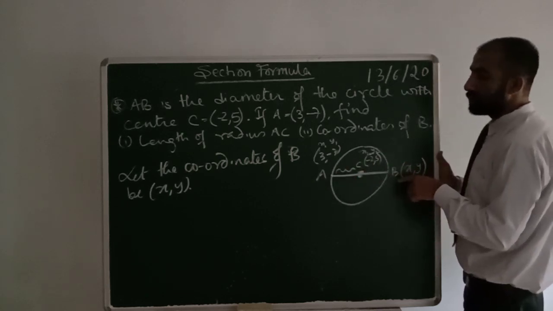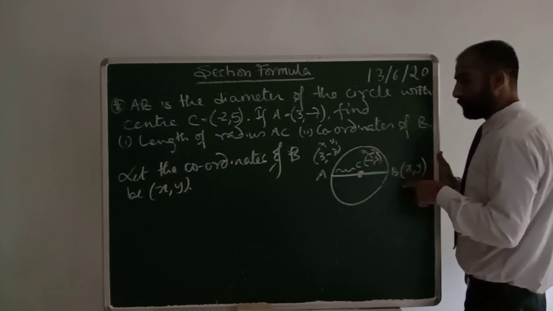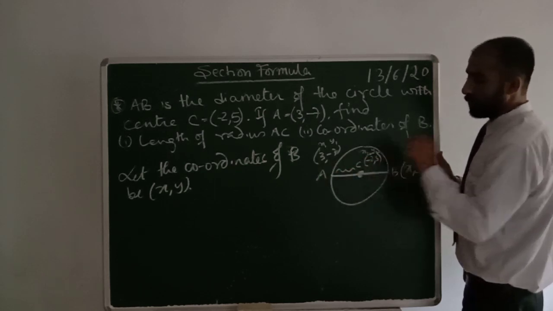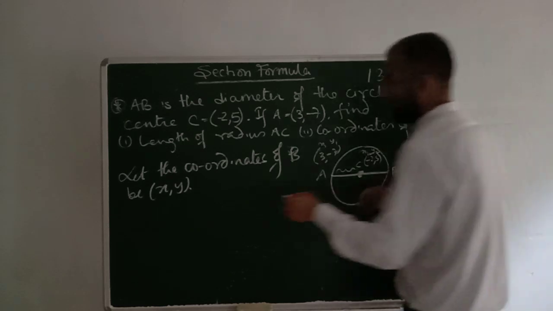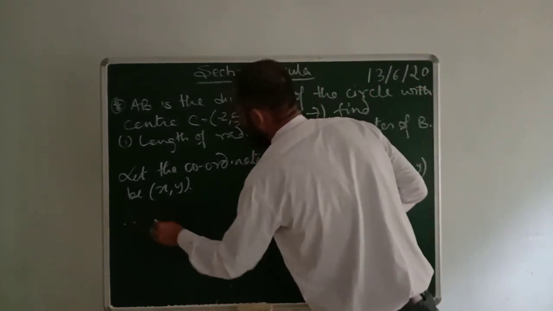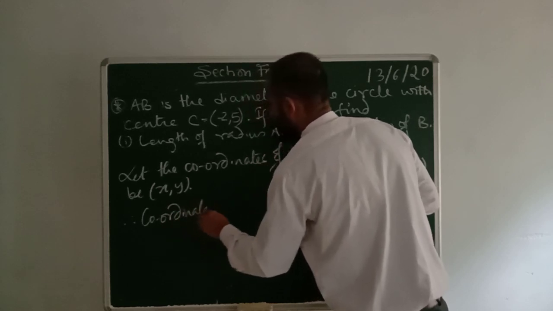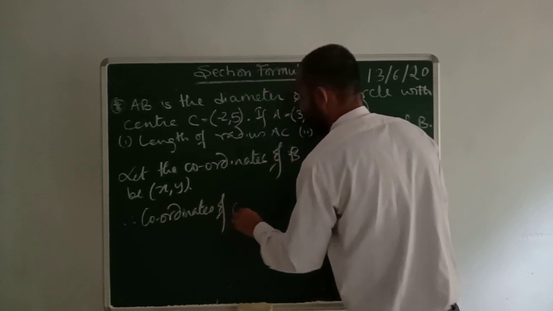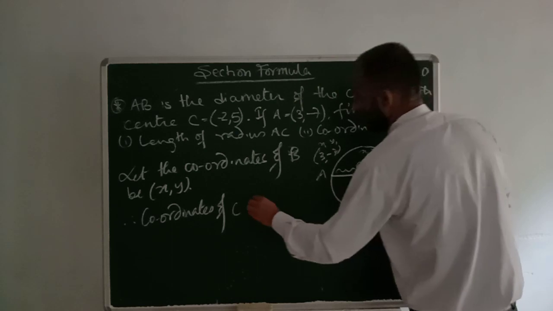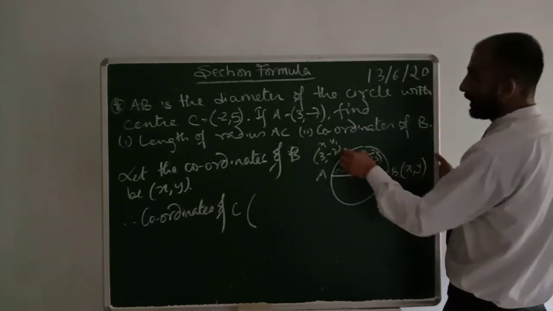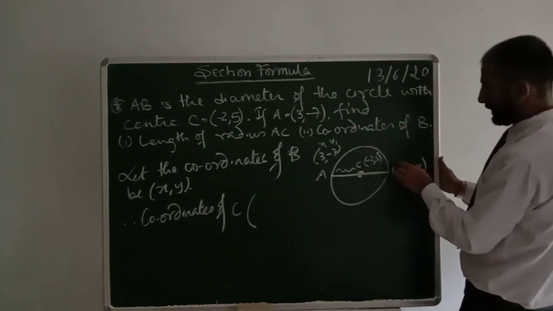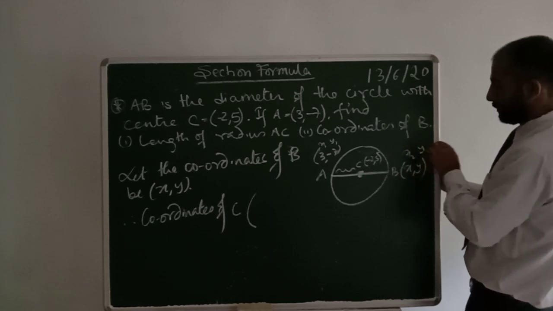So what are we going to do? We are going to use the midpoint formula and equate it with the coordinates of C. Therefore, the coordinate of C according to the formula, you know the midpoint formula. Now I'm going to take this as x2 y2.